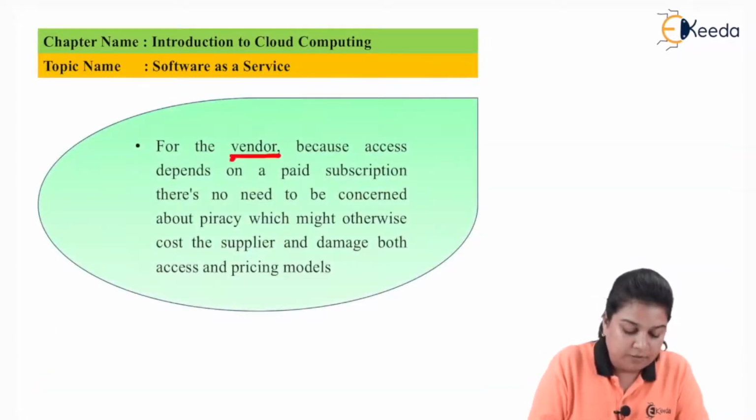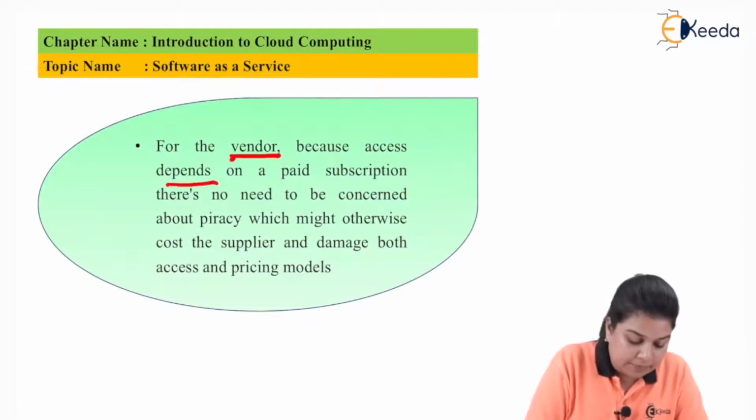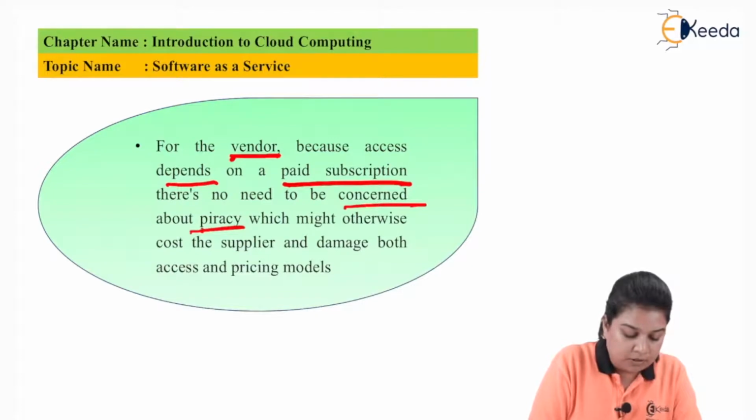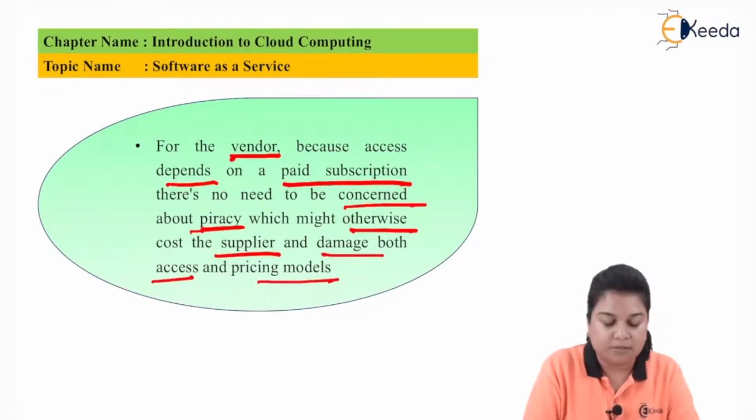For the vendor, because access depends on a paid subscription, there is no need to be concerned about piracy, which might otherwise cost the supplier and damage both access and pricing models.